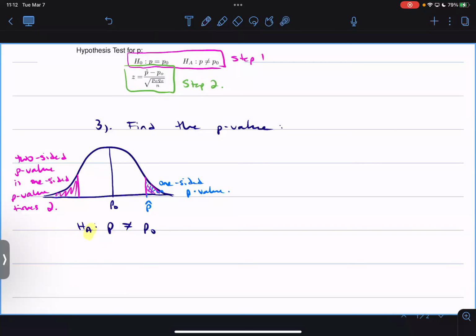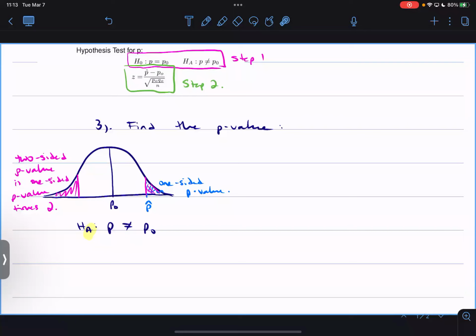Same thing if your sample proportion is below the hypothesized proportion, then you would pretend that it could have just as well happened just as far away on the upper side. And then the p-value, remember, is the probability of seeing something as extreme or more extreme, which is why it's the area in the tails. So this is the trickiest one, I think, the two-sided p-value, and it's because we have a two-sided test.